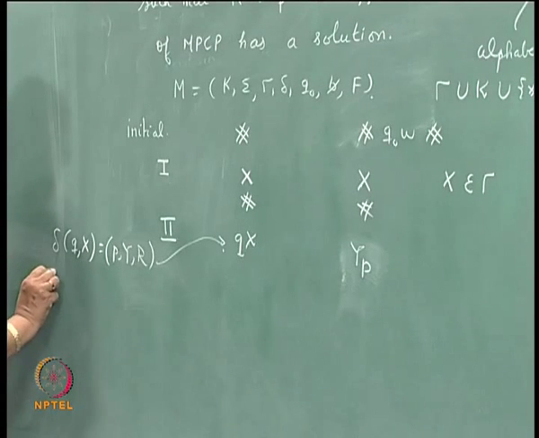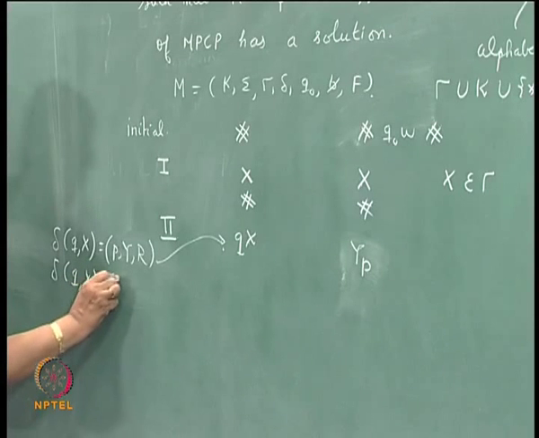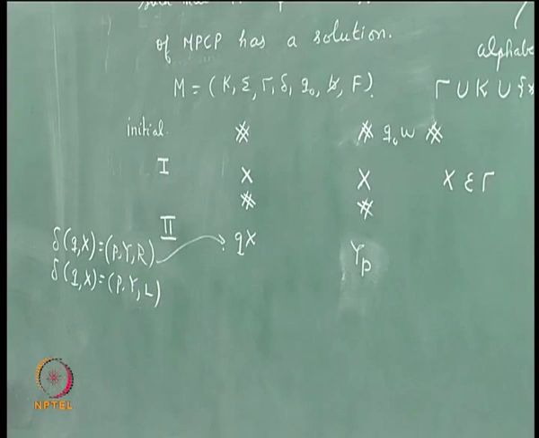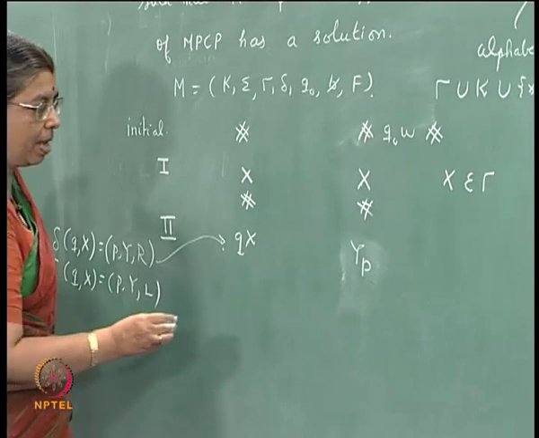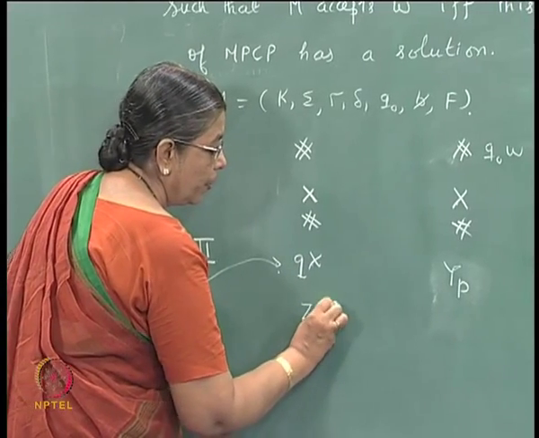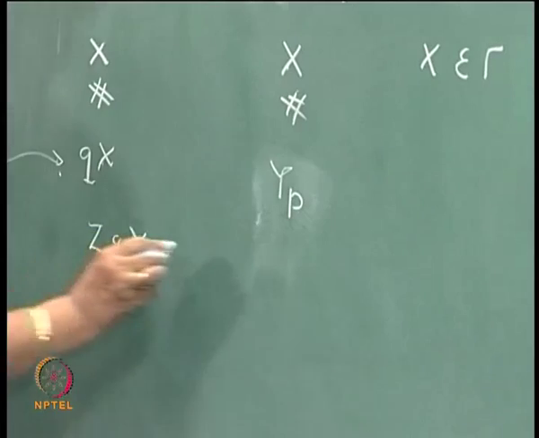And you can also have the move delta of Q, X equal to P, Y, L, a left move. For this, the corresponding pair will be ZQX and PZY.